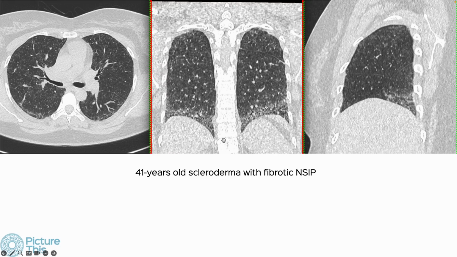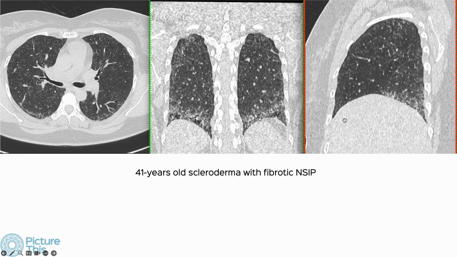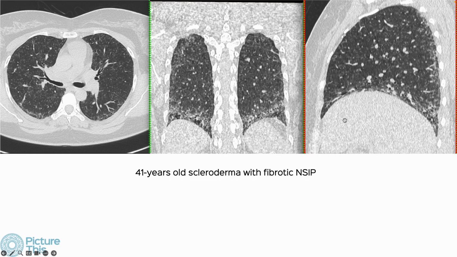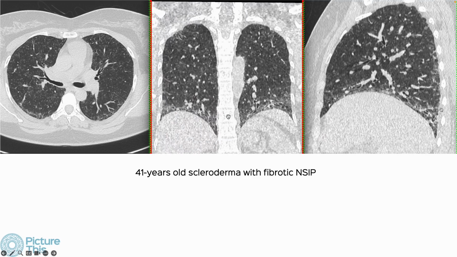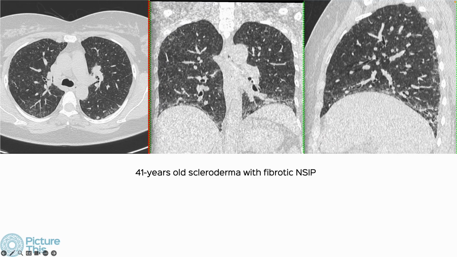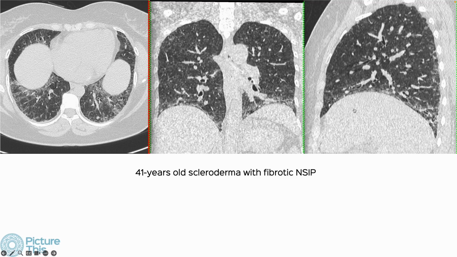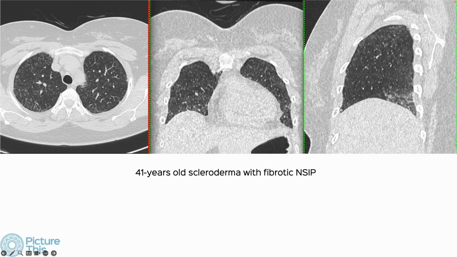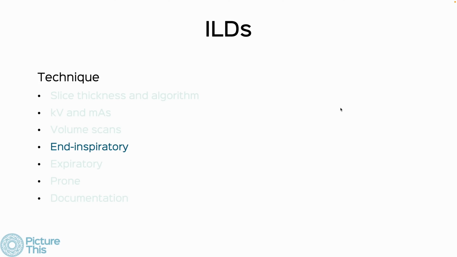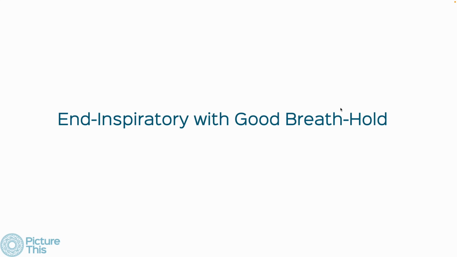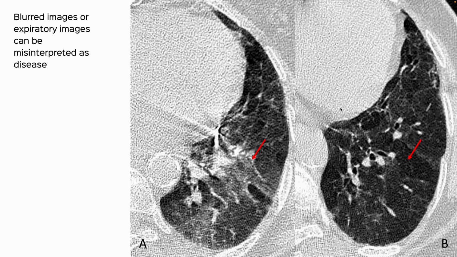Here's the straight edge sign, beautifully seen on both sides, and the sagittal images, that allows us to see that there is an apicobasal gradient and the bases are much more involved, etc. So a volume scan on a workstation clearly allows us the ability to be more accurate with our findings and then our remarks. All scans have to be end inspiratory with good breath hold.